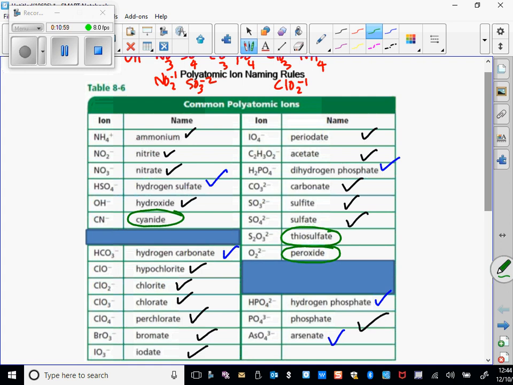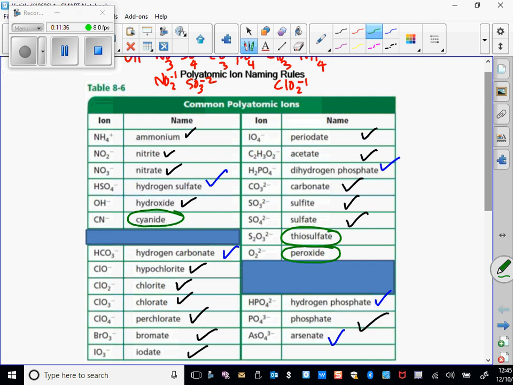Peroxide. You add one more oxygen, like perchlorate. Didn't you add one more oxygen to chlorate and it became perchlorate? Yes. To oxygen, you add one more oxygen. What does it become? Peroxide. Because it was oxide, it's now peroxide. Right? So to chlorate, you add one more oxygen, it becomes what?